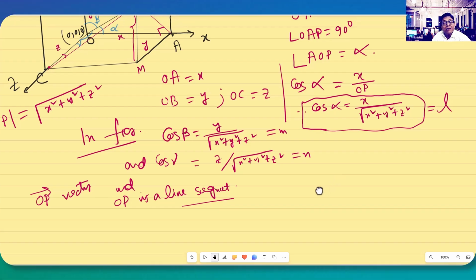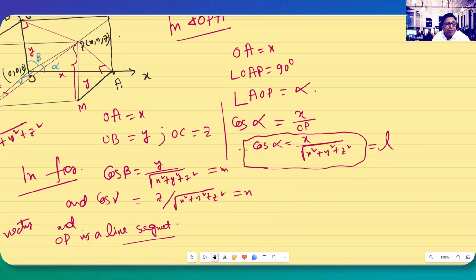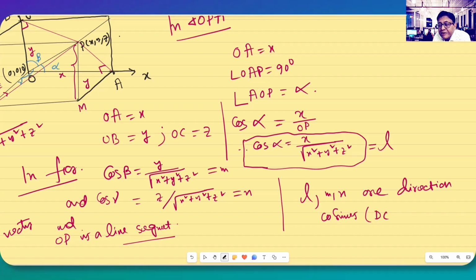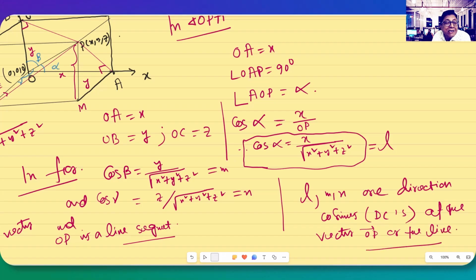Now these three quantities you have learned, L, M, N, will be referred to as direction cosines. L, M, N are called direction cosines of the vector OP or the line whose part is OP.